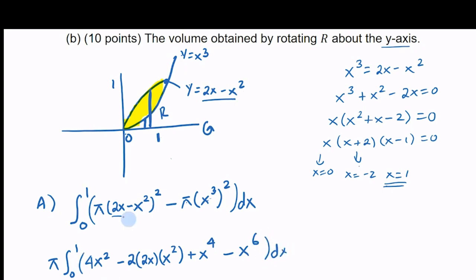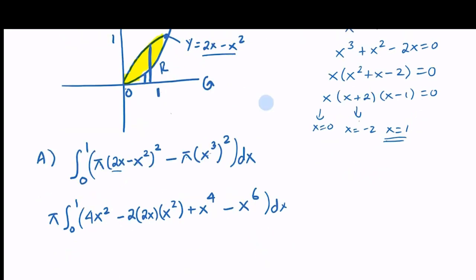So all we're doing is expanding this as much as possible. Then we have 0 to 1, 4x squared minus 4x cubed, plus x to the 4, minus x to the 6, dx.